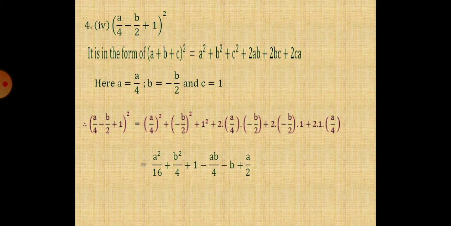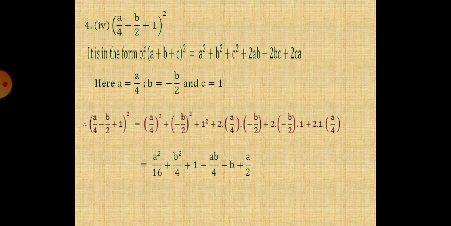So a by 4 whole square is a square by 16. Minus b by 2 whole square is plus b square by 4 and 1 square is 1. And here in this term 2 into a by 4 into minus b by 2, the 2 gets cancelled and the final answer is minus ab by 4.